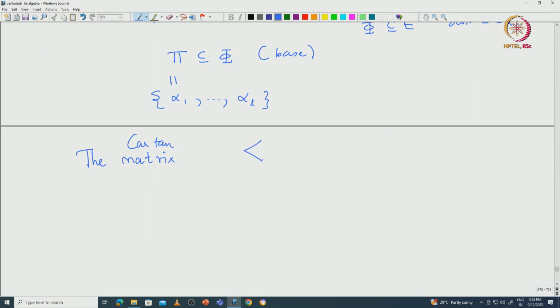The ijth entry is the Cartan integer (alpha i, alpha j), where i, j vary from 1 to L. This L by L matrix is clearly an invertible matrix, because the alpha i's form a basis of E. So, this matrix must be invertible.